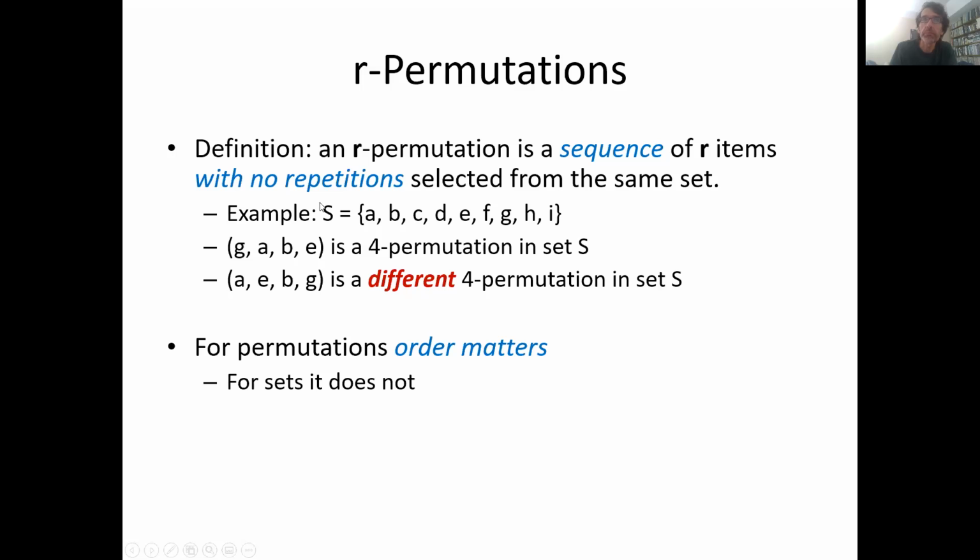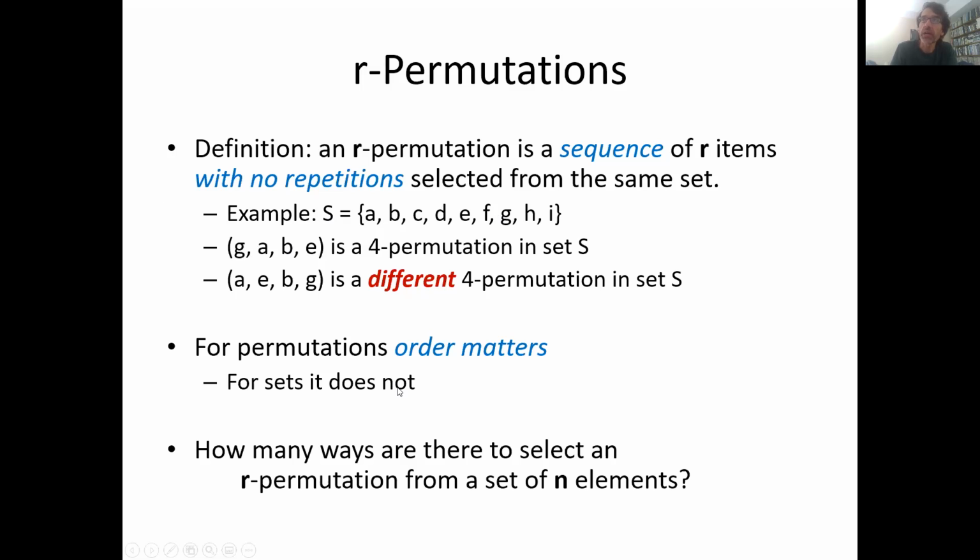To say that it has no repetitions means that it has to be an R-element subset. So I cannot take the same element twice. A sequence would make sense if it had G, G, G, G, so it would still be a sequence of 4 elements, they're all equal. But in an R-permutation, every element in the sequence is different.